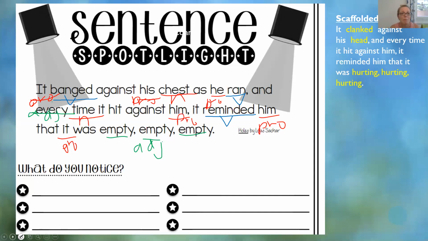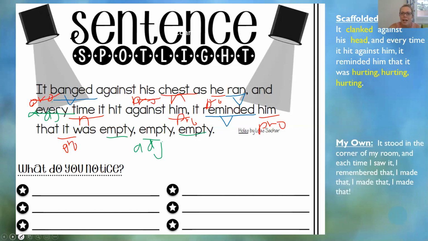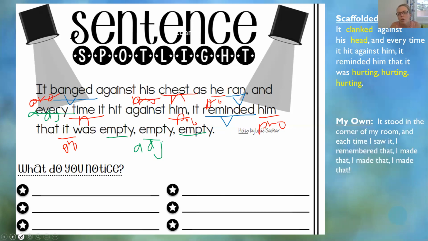Okay, and now as I make it my own, I want to fit within that same framework of the author and use the same cadence, meaning the same pattern and speech pattern, but make it my own. So if I were to do that, I might say something like, it stood in the corner of my room, and each time I saw it, I remembered that I made that. I made that. I made that.